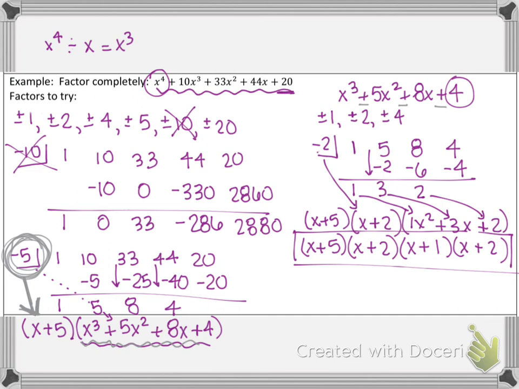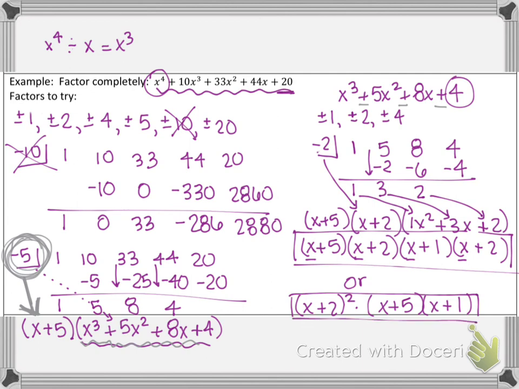Since our original polynomial had x to the 4th power, we need to have 4 x's here that multiply to give x to the 4th. Since that x plus 2 happens twice, you could write x plus 2, the quantity squared, times x plus 5 times x plus 1. So that's another option for your answer.